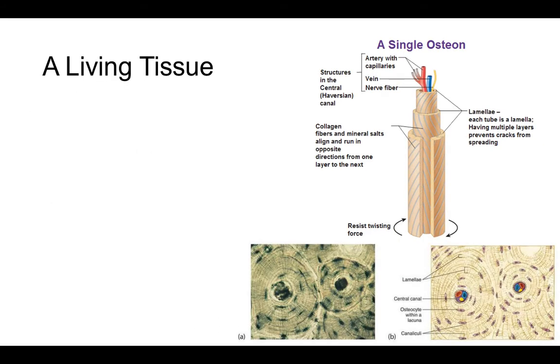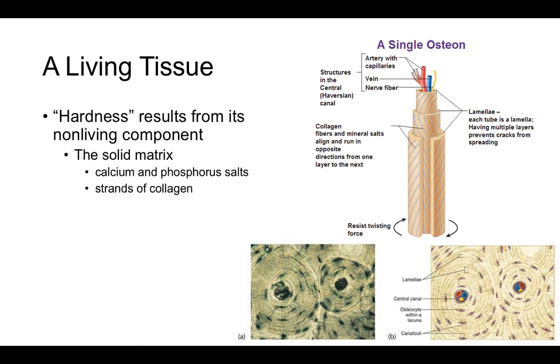Now, despite the fact that bones are hard and seem to be just more like a cementing system, bones are living. They are created of cells, and they're made hard by the minerals deposited there. The hardness is from what we call a non-living component, which is calcium and phosphorus salts, as well as strands of collagen.